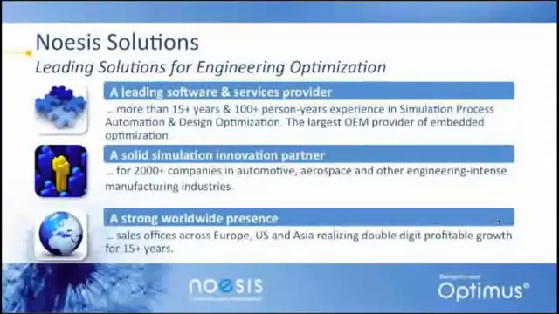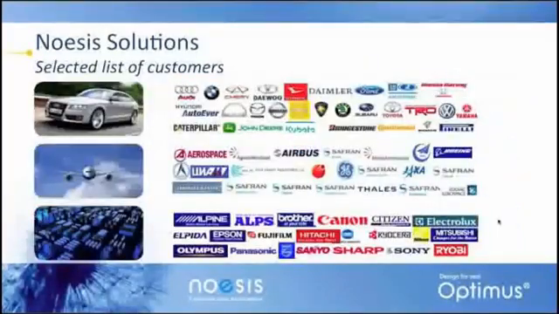We have a larger installed base than any of our competitors, with over 2,000 companies using the embedded solutions or Optimus. And our worldwide presence continues to grow here in the U.S. We're outside of Indianapolis. Our home office is in Belgium, and we continue to open new offices, most recently Israel and India.